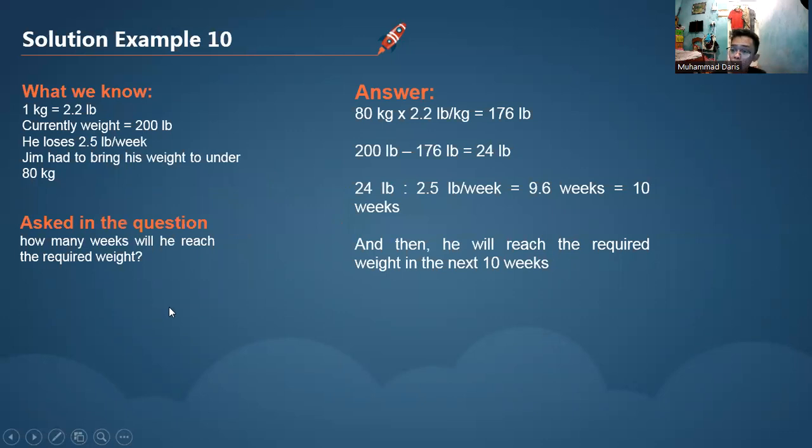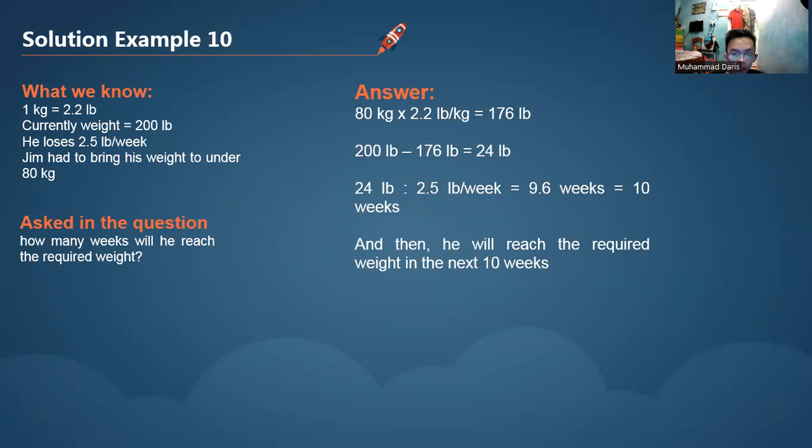What we know, 1 kilogram is equal to 2.2 pounds. Current weight is 200 pounds, and he loses 2.5 pounds per week. And Jim had to bring his weight to under 80 kilograms. How many weeks will he take to reach the required weight?